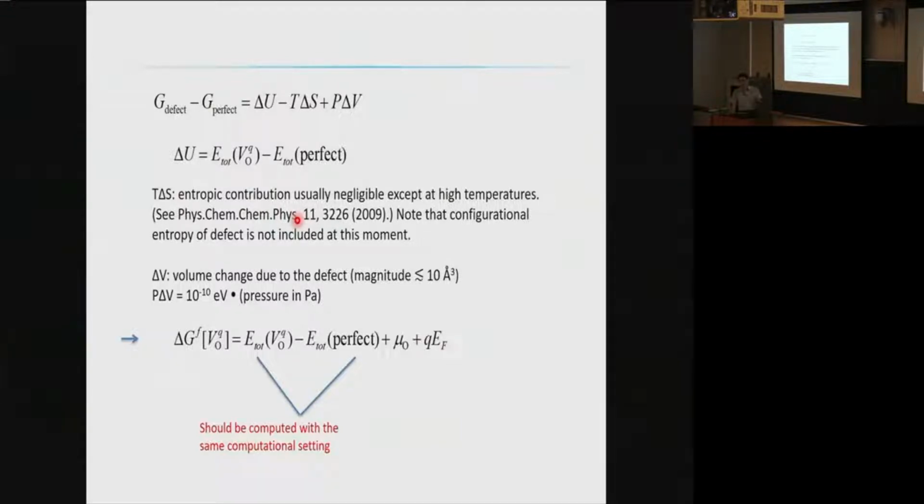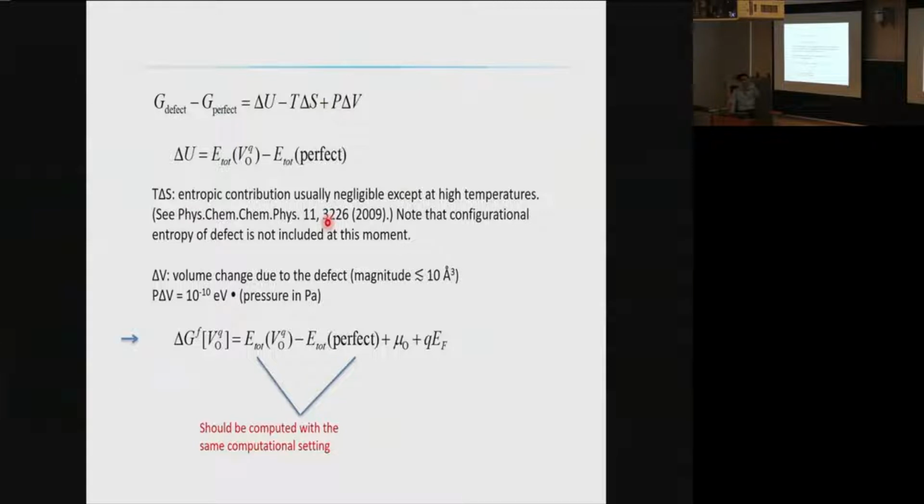But here we ignore that configuration entropy, and we only consider the thermal entropy, or thermal vibrations. Even though it is finite, it is quite small. Therefore, we can usually ignore this entropy change between the perfect and the defective cell. If you read, for example, this reference, it is about 0.1 electron volt.